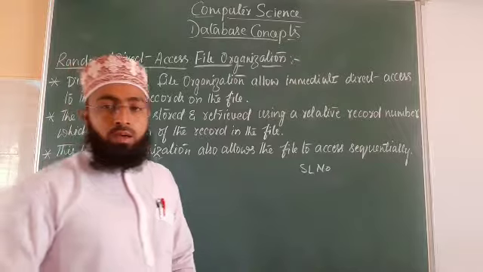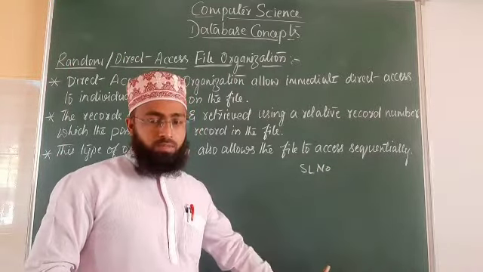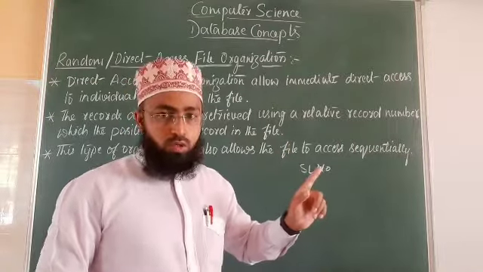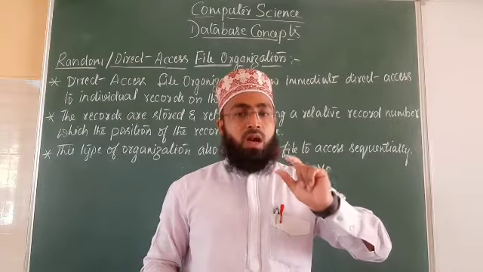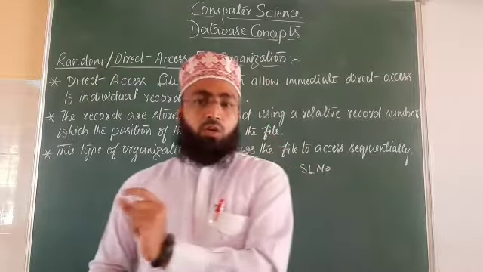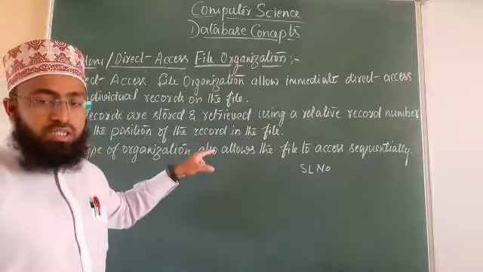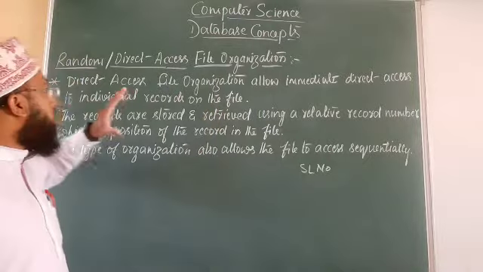When we manage any records, we give serial numbers like 1, 2, 3, 4, 5 and so on. By that serial number we can access the record directly. This is the procedure under random or direct access file organization.